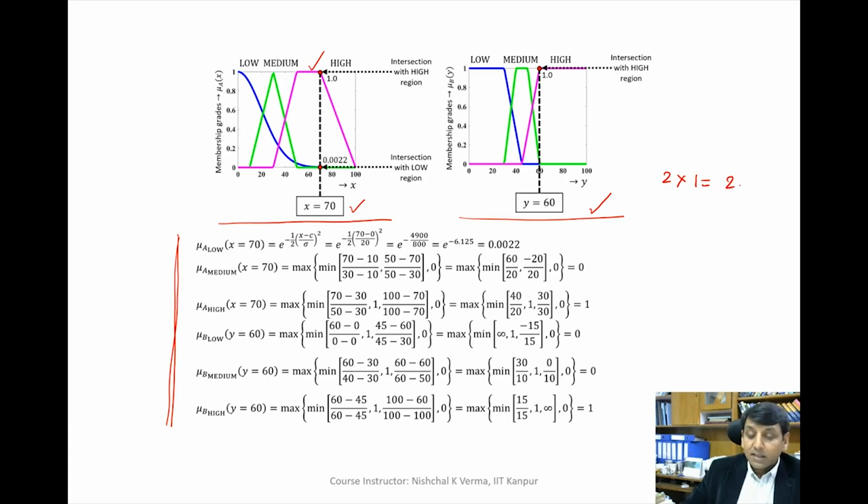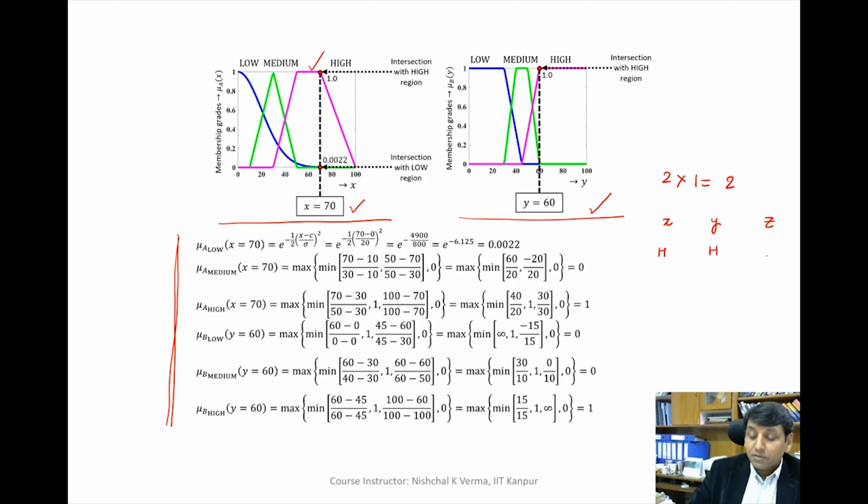First is high, high: when x is falling in high and y is falling in high, what is going to be the output z? We get this by inspecting the fuzzy rules given to us.